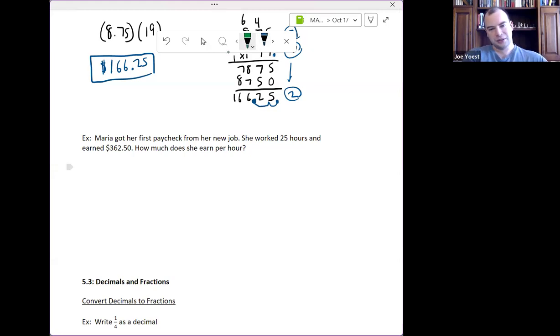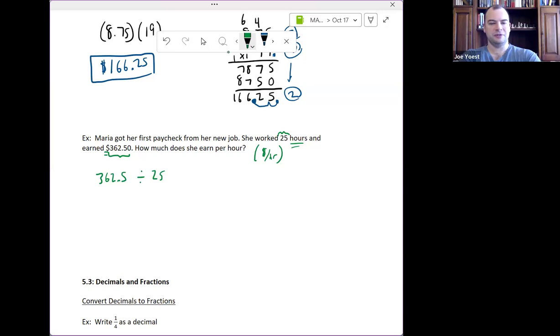Okay, so her hourly wage is dollars per hour. Our units help us here. This should be in dollars per hour, so I should have dollars in the numerator and hours in the denominator. Or 362.5 divided by 25.